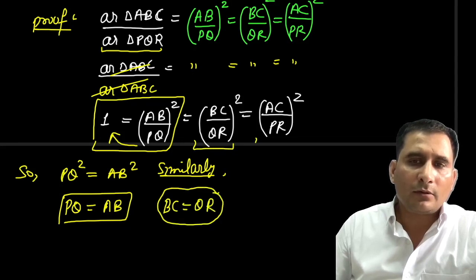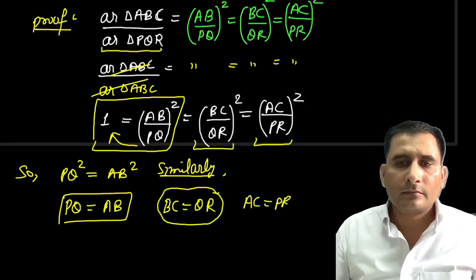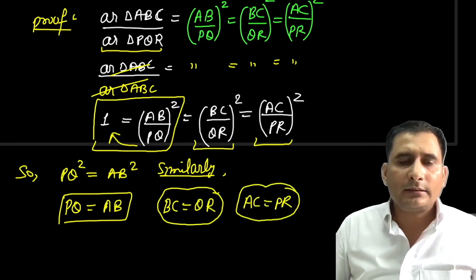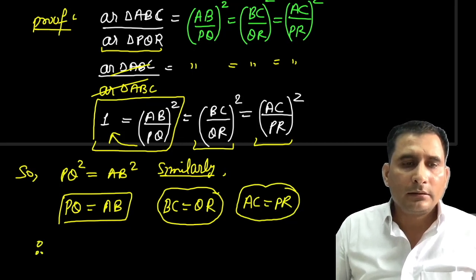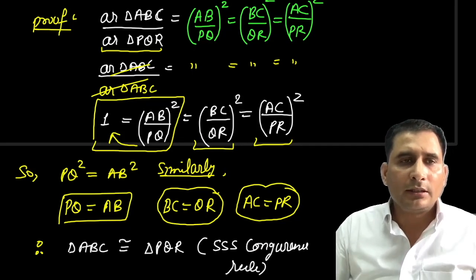BC equal to QR, and from here what will I get? AC equal to PR. ठीक है, समझ में आया? तीनों साइड इक्वल हो गई हैं. So therefore we can say that triangle ABC is congruent to triangle PQR or not. By which rule? SSS congruence rule. Is this question clear to you all?